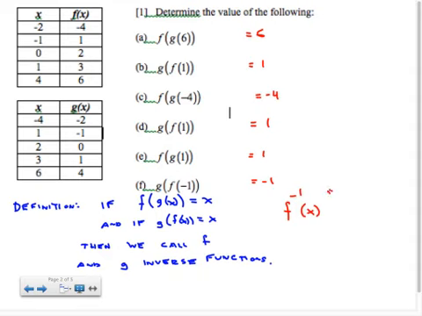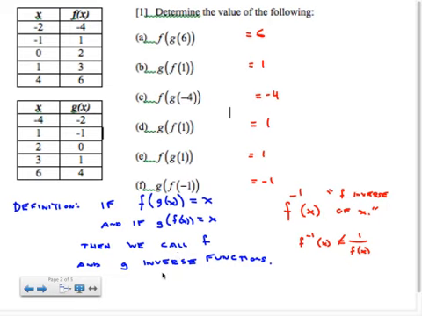So we'll read this as f inverse of x. Okay, and we have to be very careful that this does not mean 1 over f of x. So this is a case where we reuse symbols in mathematics and they have different meanings. So when you see a negative 1 exponent on a function, it does not mean take the reciprocal. It means the inverse function to this letter here, which in this case is f.